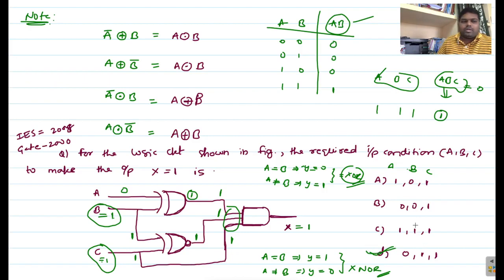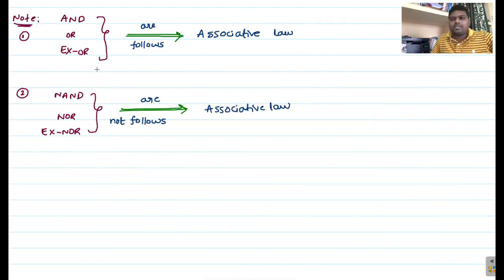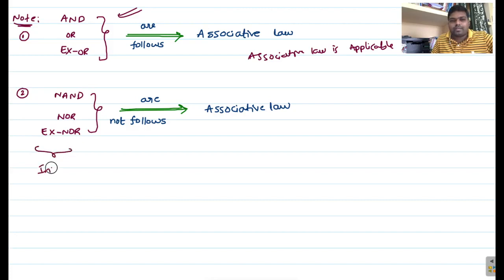This is about the XNOR operation. Here the next important note is that AND, OR and XOR logics follow the associative law. That means the associative law is applicable for these 3 gates, right? And when it comes to NAND, NOR and XNOR, these all are inverted operations, right?